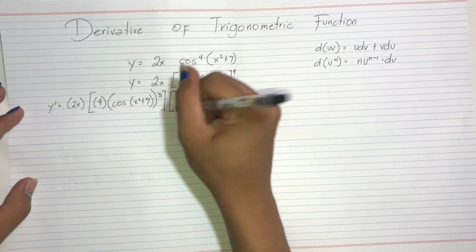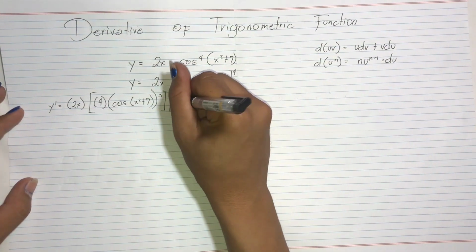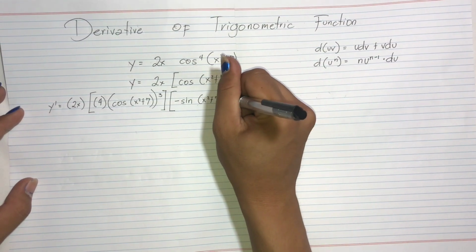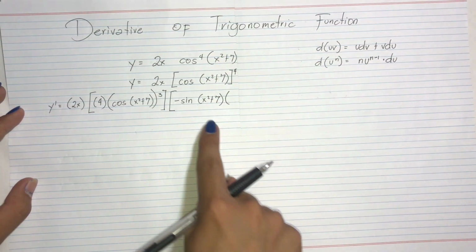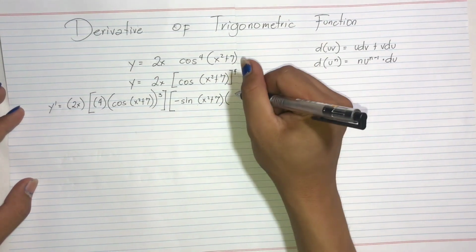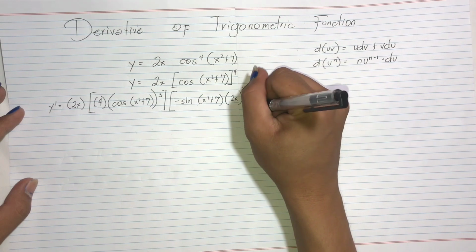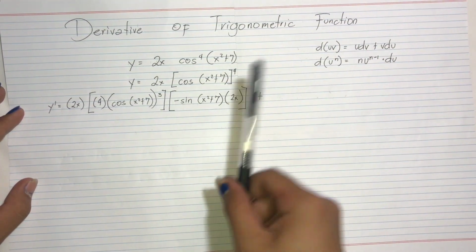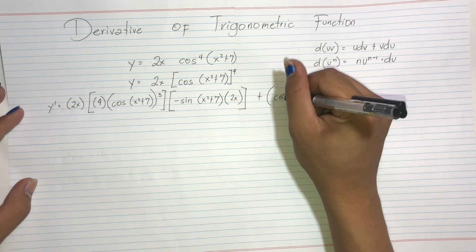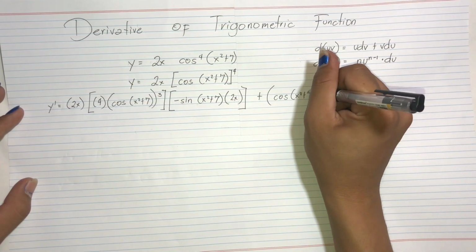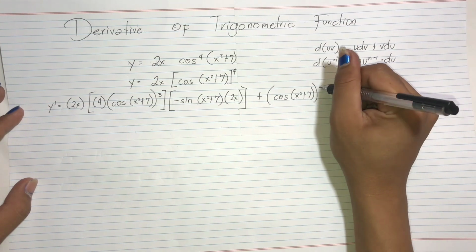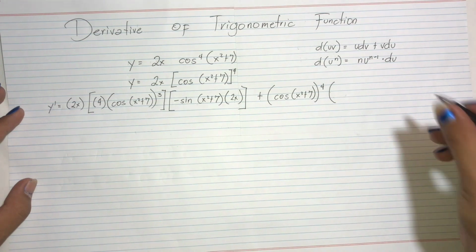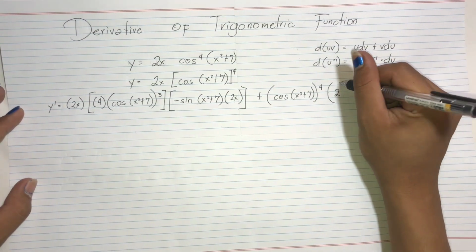Derive the base, the derivative of cosine is negative sine of x squared plus 7. Then derive the angle, which is 2x, plus copy cosine of x squared plus 7 raised to the fourth, and the derivative of 2x with respect to x is 2.